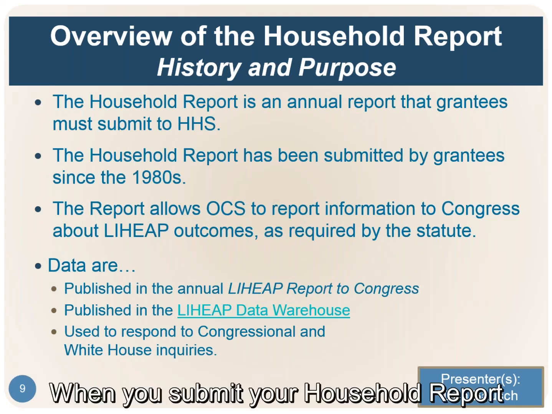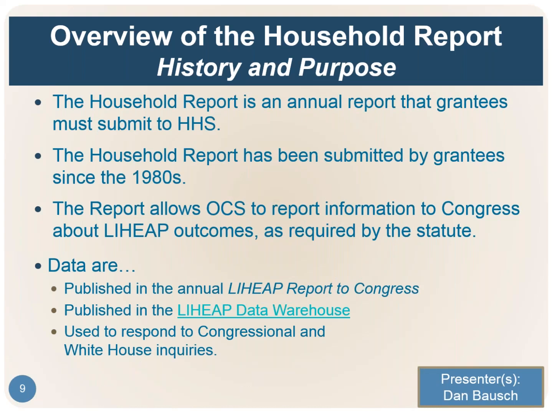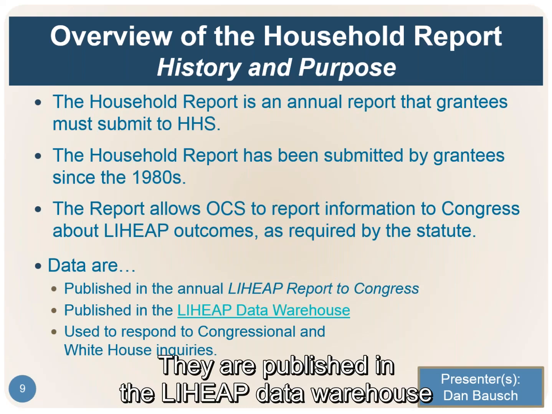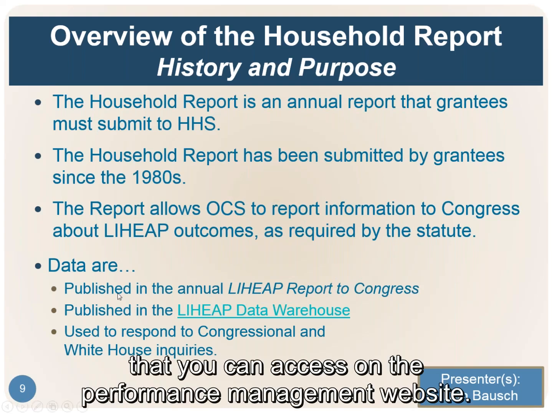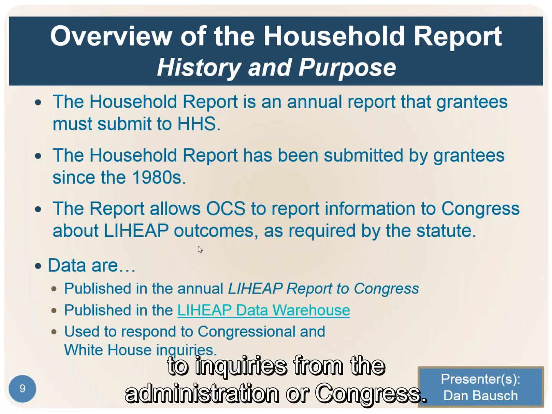When you submit your household report, the data are published in the LIHEAP report to Congress. They're published in the LIHEAP data warehouse that you can access on the performance management website. And that information is also used by HHS to respond to inquiries from the administration or Congress.